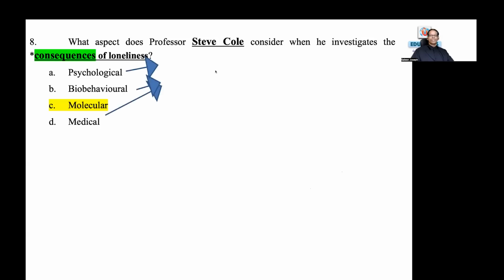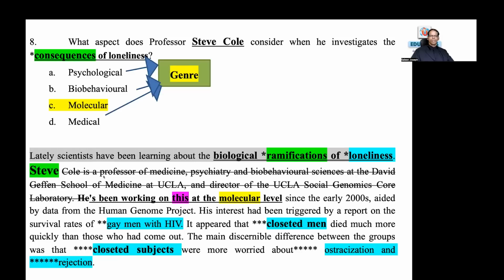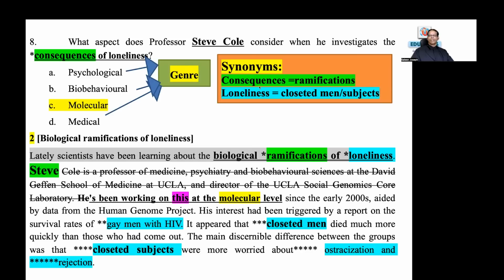And here again, name is there, Steve Cole, consequent loneliness. You can immediately go to that particular place where the name is mentioned and identify the answer. You can also strike out all those things which are irrelevant. And molecular, it clearly says he's been working on this at the molecular level. So we are not worried about the answers. We are just trying to find out synonyms, consequences, ramifications.